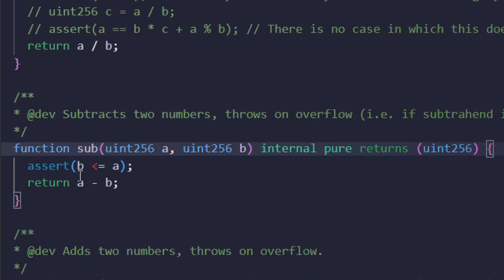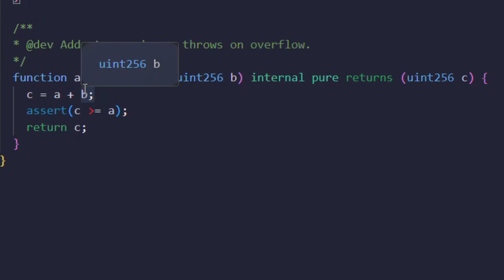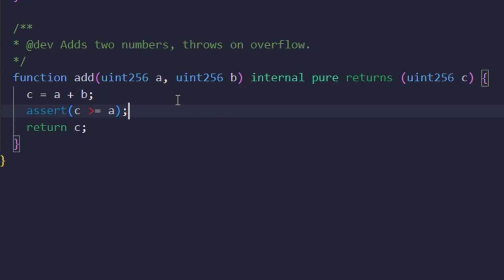So we go over to addition, which is the last. We have a function addition, which takes in a, b, internal pure, and c. So c equals a plus b. Assert c must be greater than or equal to a. Let me show you what that says.